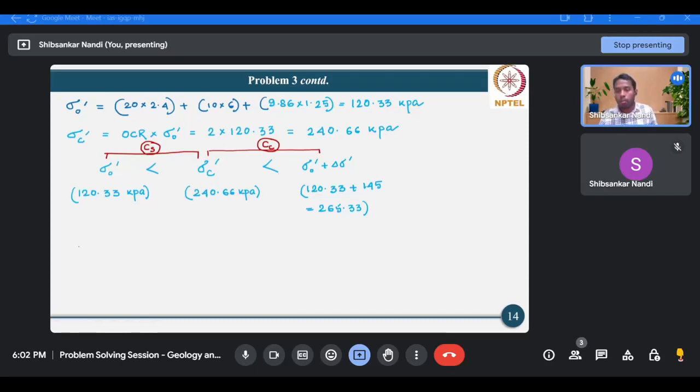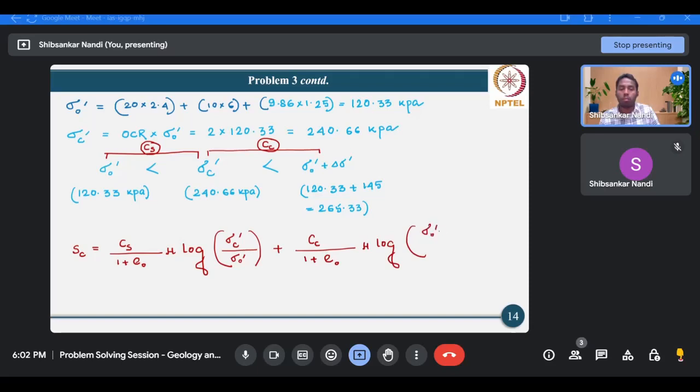So our modified equation will be Cs by 1 plus e0 times H log of sigma c prime divided by sigma 0 prime, that is the over consolidation ratio, plus Cc divided by 1 plus e0 times H log of sigma 0 prime plus delta sigma prime by sigma c prime.